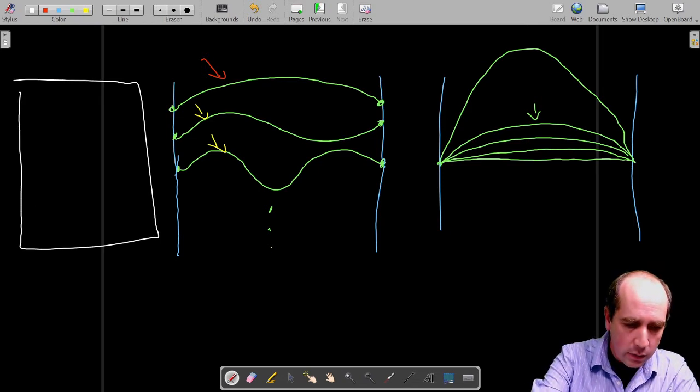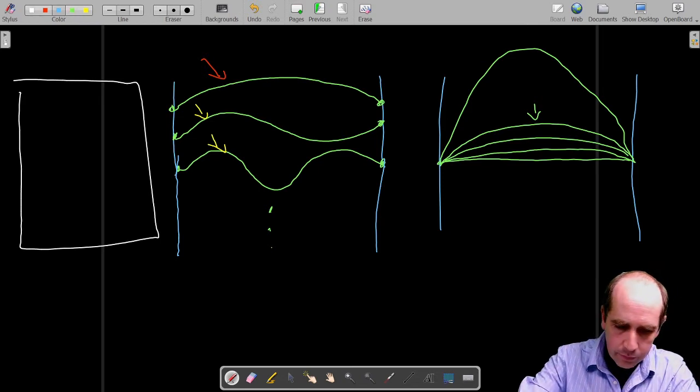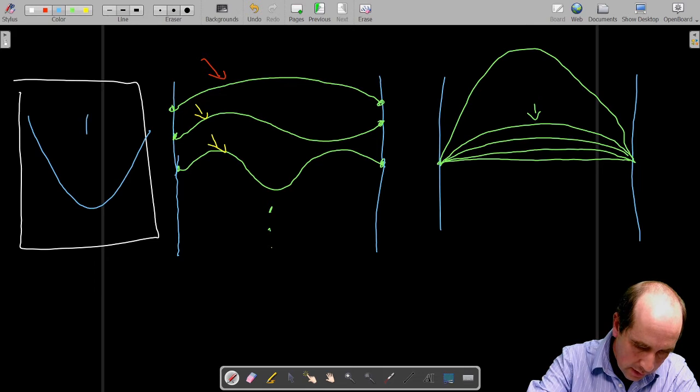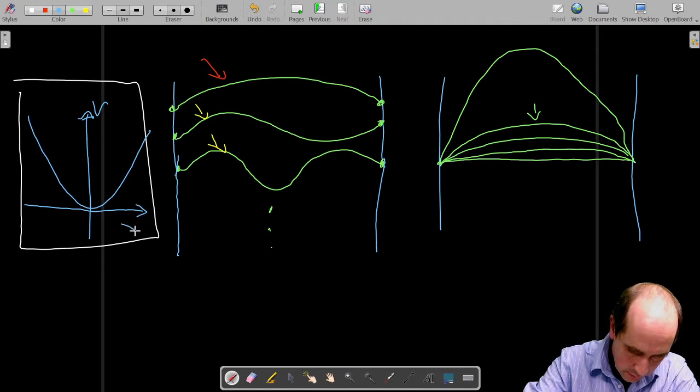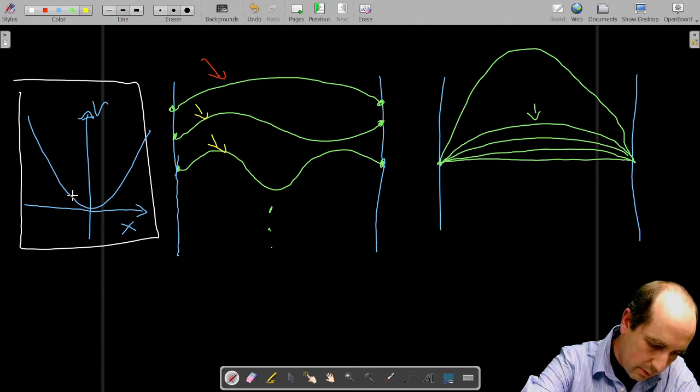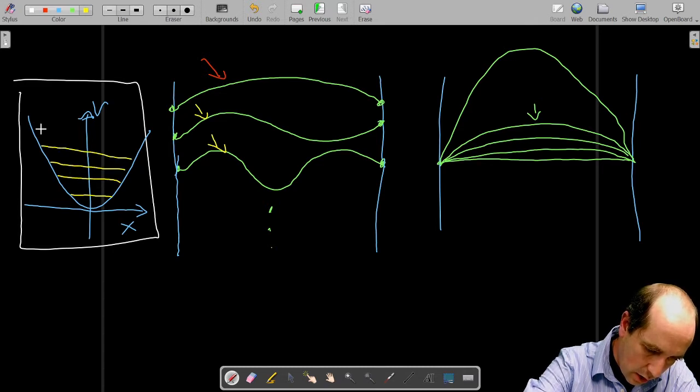In the case of a quantum harmonic oscillator, the potential is a parabola. So if we put here the potential energy as function of the position, what we find is that the quantum levels of this system are equally spaced. So the spacing between all of them is the same.